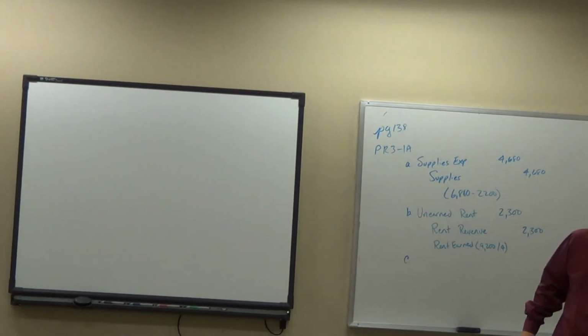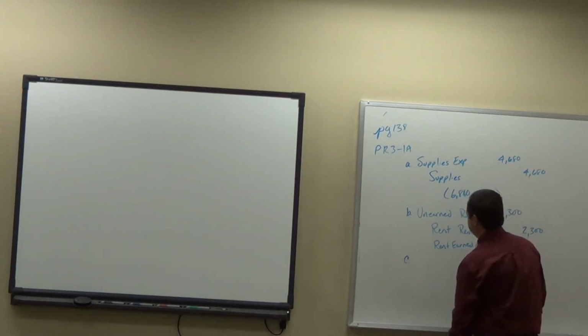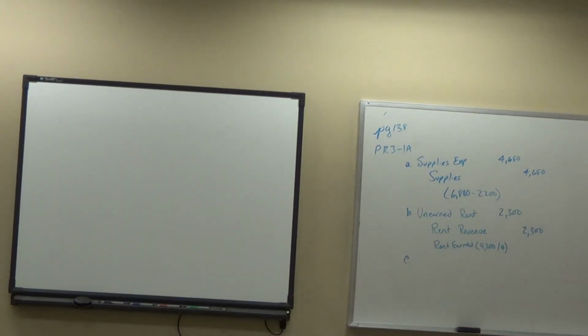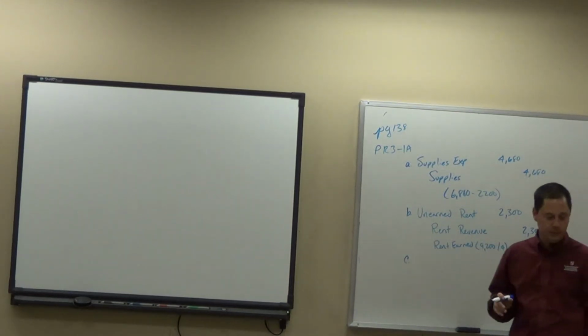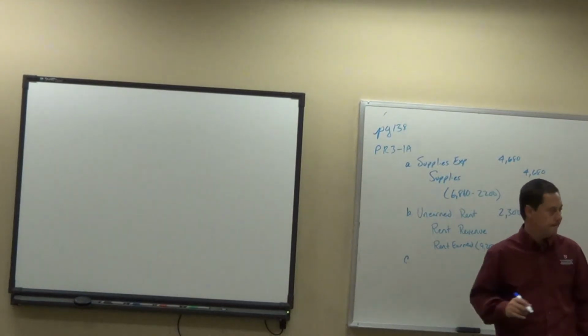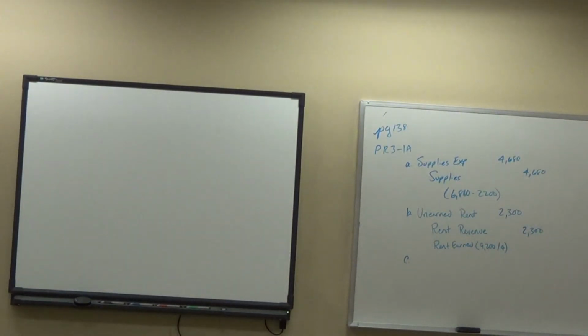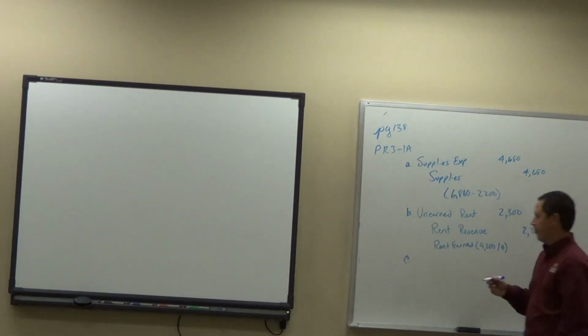Okay, so wages accrued but not paid at July 31st are 1850. You guys ready to go over this one?